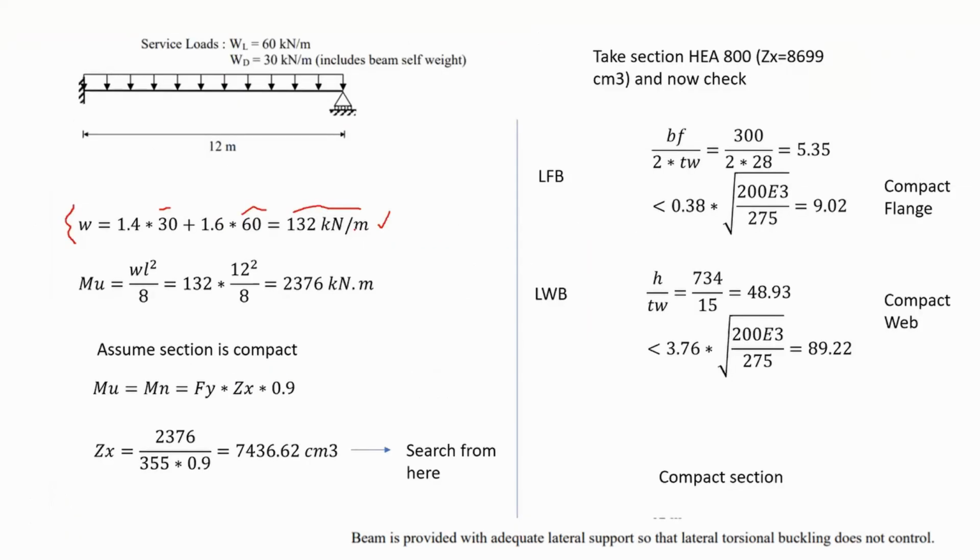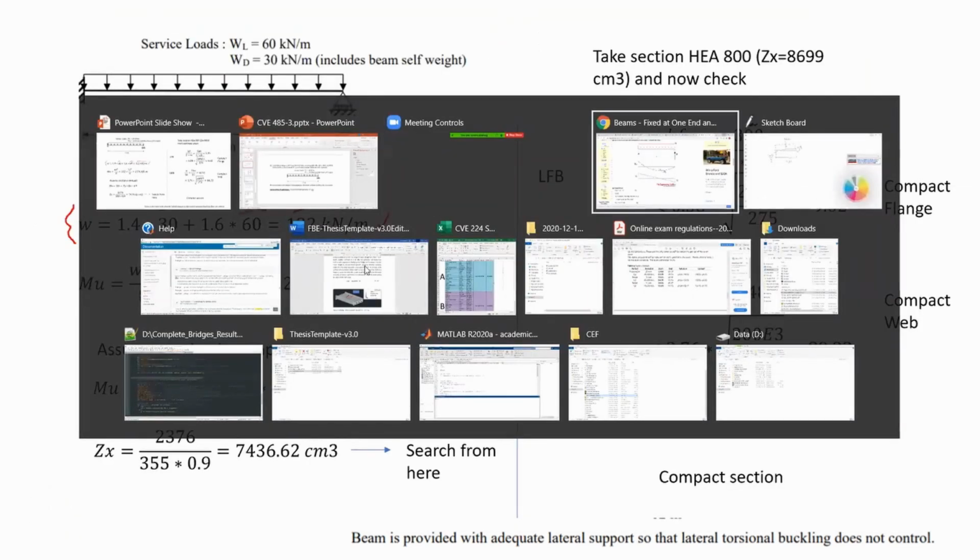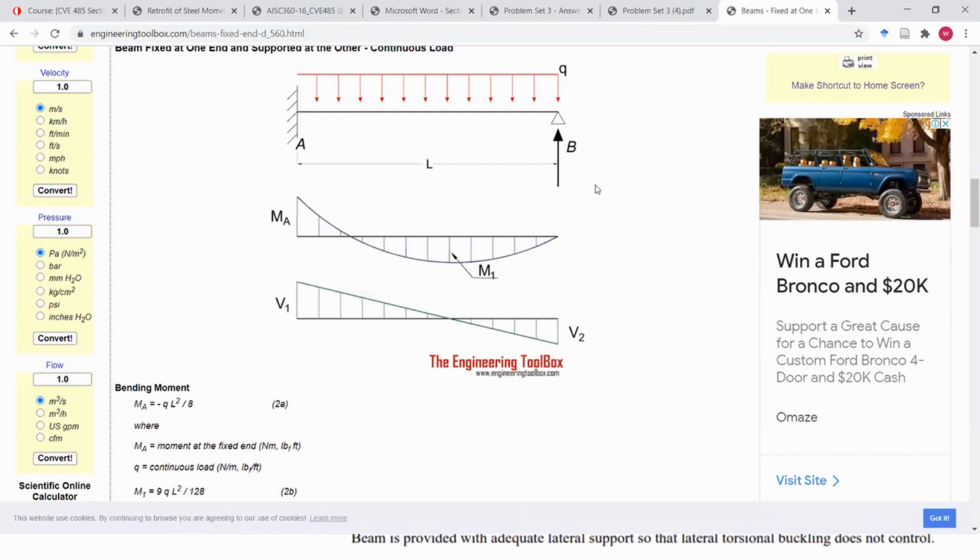I'm just going to show you how the moment diagram would look. For this case, we have the distributed load, here called Q, and here we have the roller support. The maximum moment that would be applied by the distributed load would be equal to MA at the support, where MA would be equal to QL squared divided by 8.